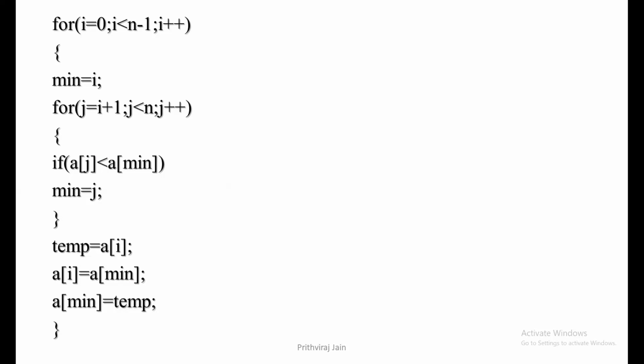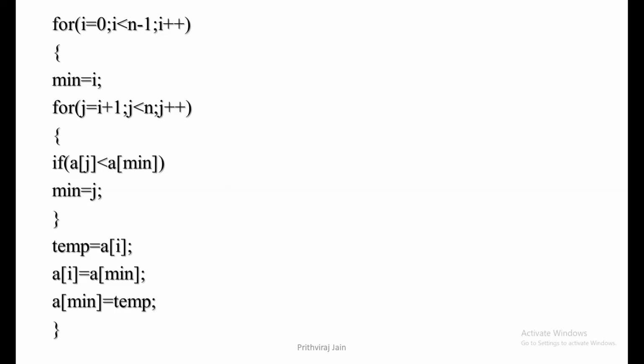And that loop continues up to the n minus 1th position, so it is j less than n. Then each time we have to compare the jth element with the minimum element that we have already taken, because the first element you have chosen as the minimum is not the true minimum.